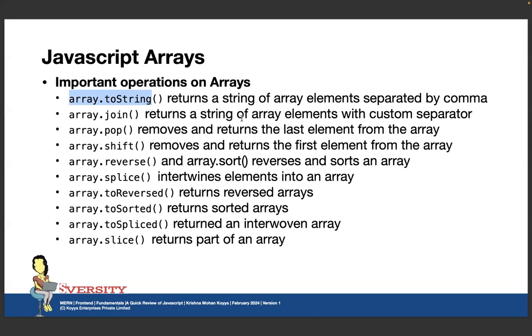If you want to return a string of array elements with a custom separator, join is also like toString only. In toString, the values are just returned as a string with comma separation. If you want to use some other separator instead of comma, you go for join. It accepts the special character, maybe hyphen or whatever. You can use it. Maybe sometimes it is useful.